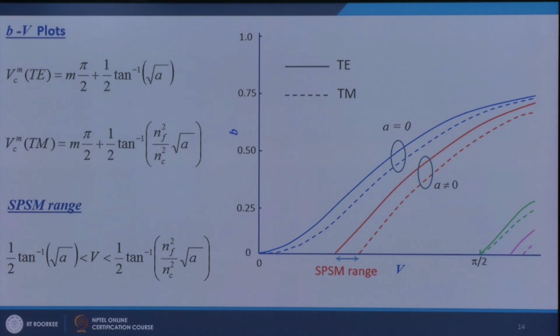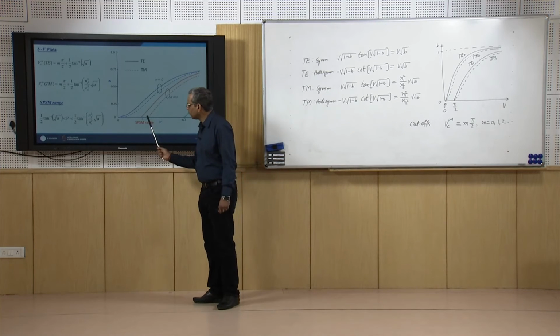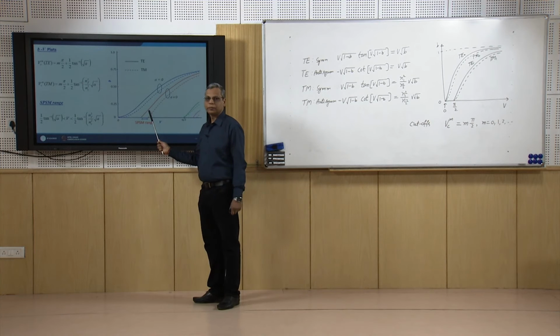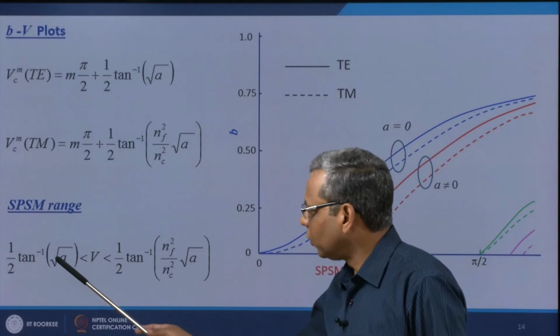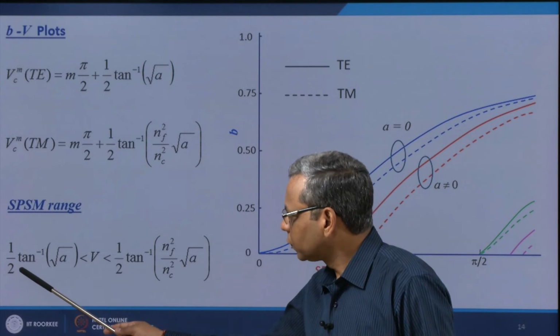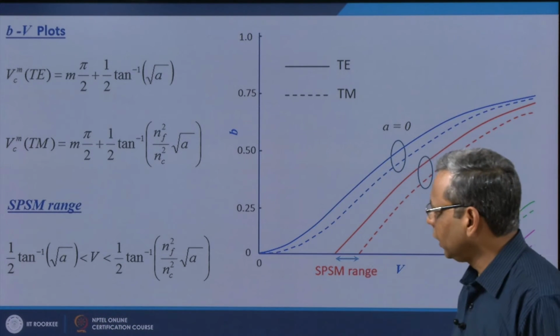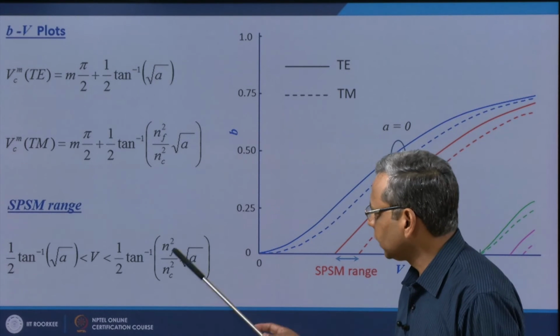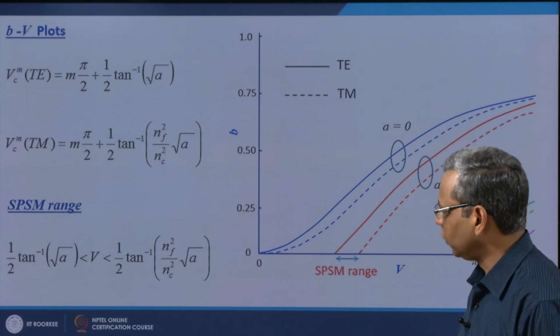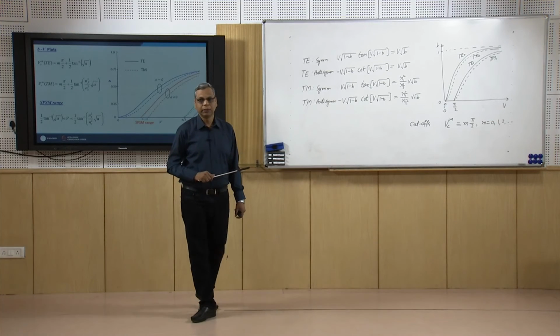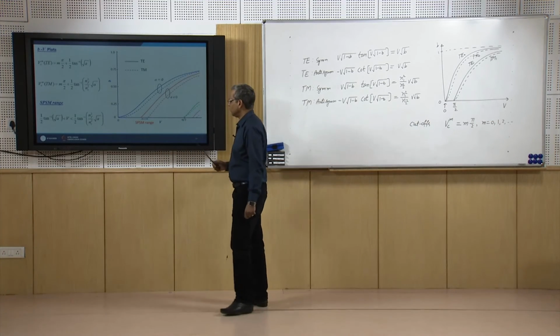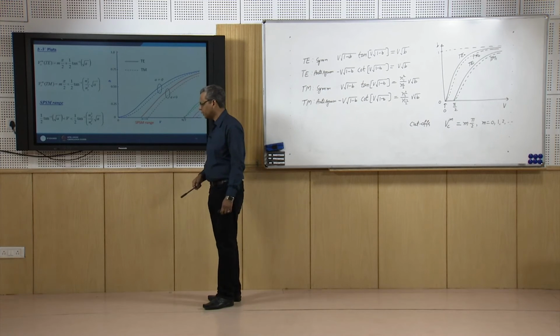Now, if I have V which is somewhere here, then I will guide only the TE0 mode and the TM0 mode is cut off. So, in the range of V from half tan inverse square root of a to half tan inverse of Nf square over Nc square times square root of a, I have a single polarization single mode waveguide, and this range is known as the SPSM range.